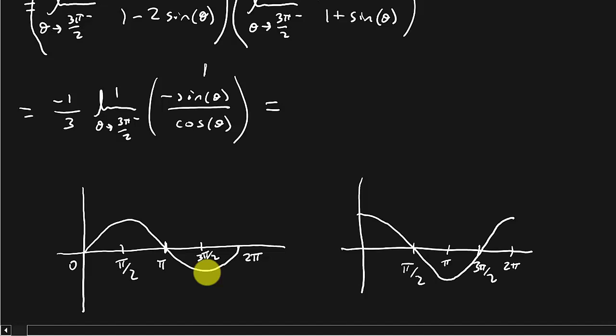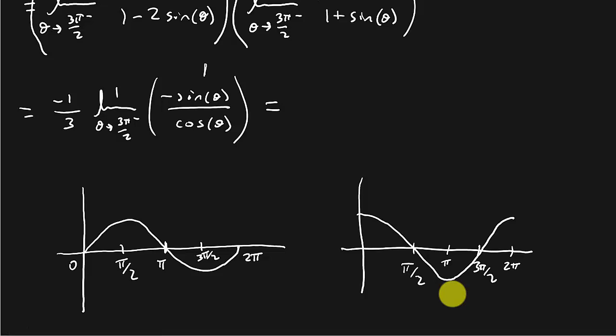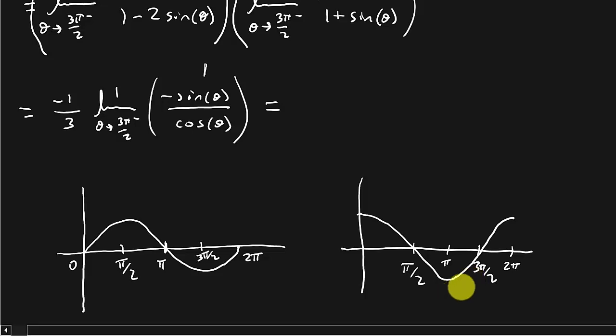Now, what about for cosine? As we come in to cosine of 3π/2 from the left, right here, what do we have?